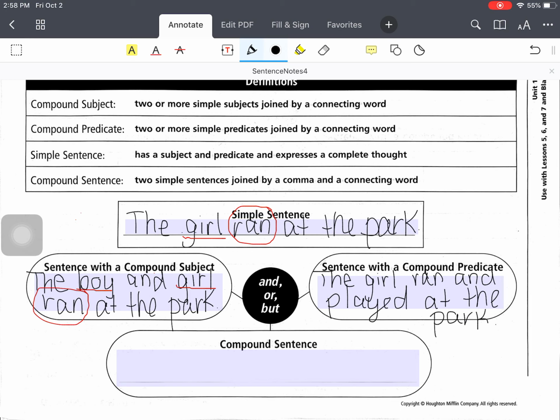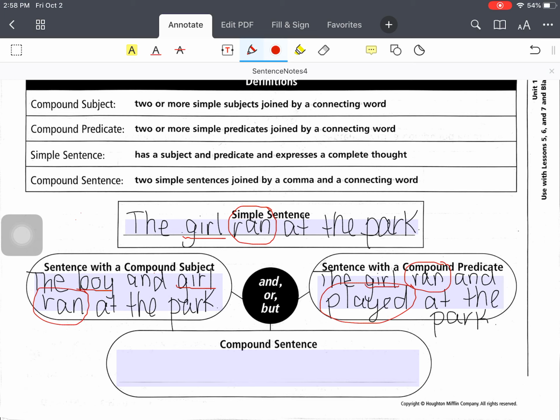Okay. So, who or what is my subject? And the answer to that is going to be girl. And then what did the girl do? And it has a compound predicate, so she did more than one thing. The verbs are that she ran and she played. So those are my simple predicates.